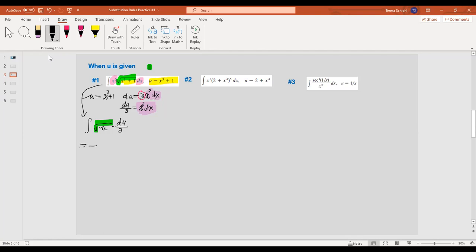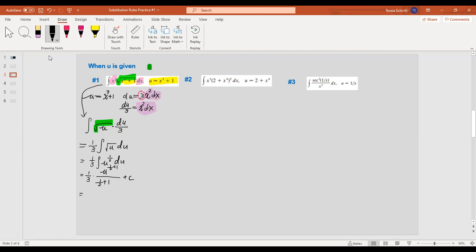Then I can take the 1/3 outside, and this is the square root of u du. The square root is u to the 1/2 power, du. Then I can just use the simple power rule, 1/2 plus 1, then plus c.